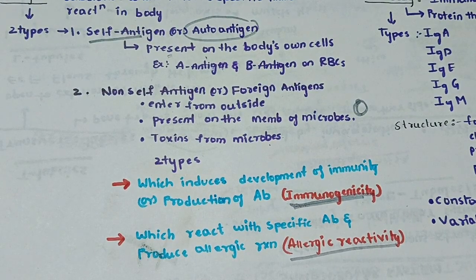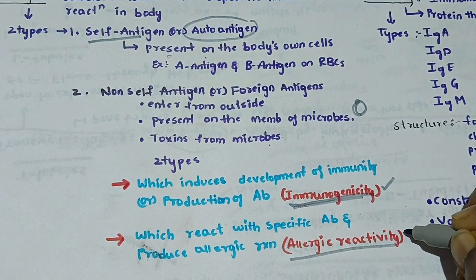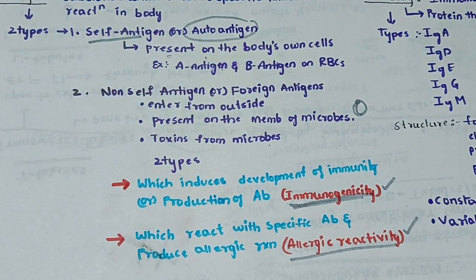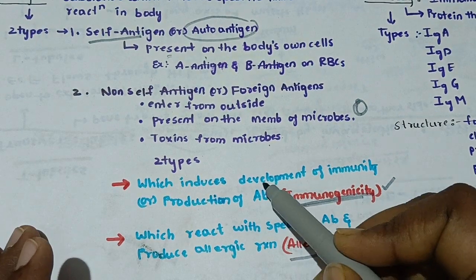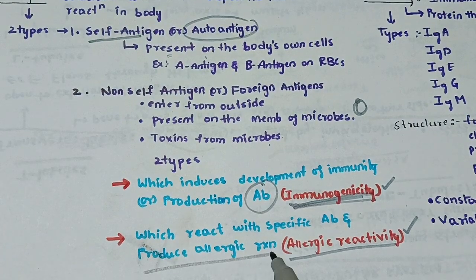What is immunogenicity? The process which produces development of immunity or production of antibodies is known as immunogenicity, whereas production of an allergic reaction is known as allergic reactivity.